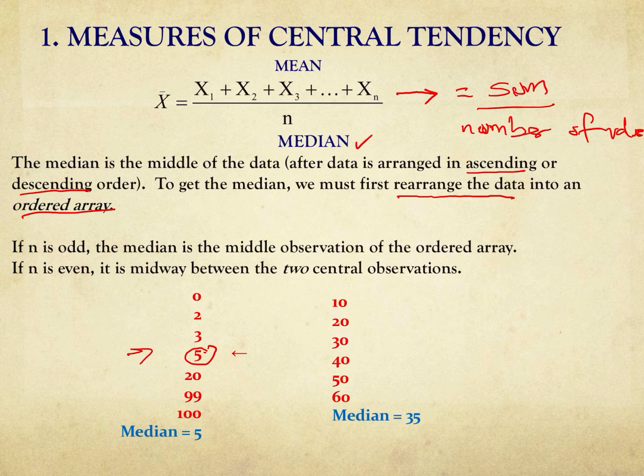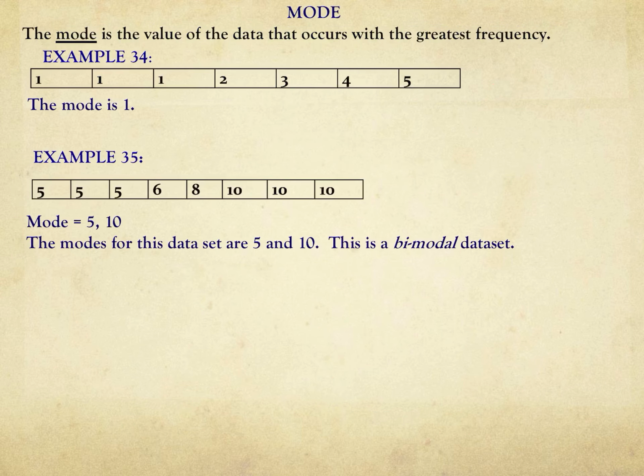So if we count from the bottom, we have 2 values here, 2 values here, and then we are left with 30 and 40. In order to calculate the median, we sum the 2, we have 70, and we divide it by 2. So that gives us the median.